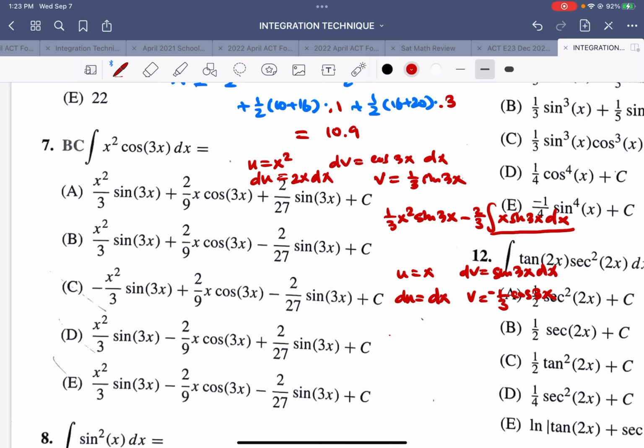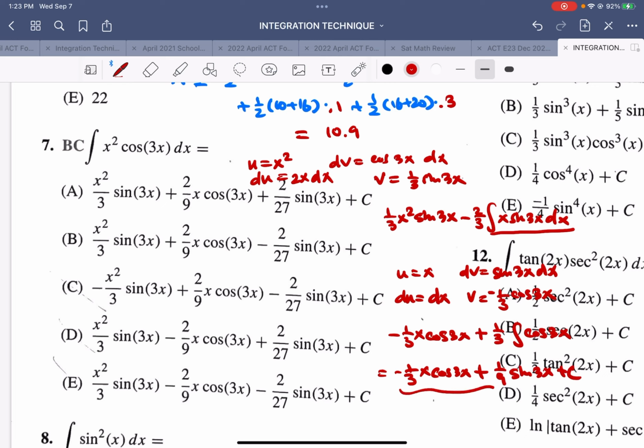So uv is minus 1/3 x cosine 3x, minus the integral of v du, so plus 1/3 integral cosine 3x. So it will be negative 1/3 x cosine 3x plus, considering the chain rule, 1/3 times 1/3 is 1/9 sine 3x plus c.